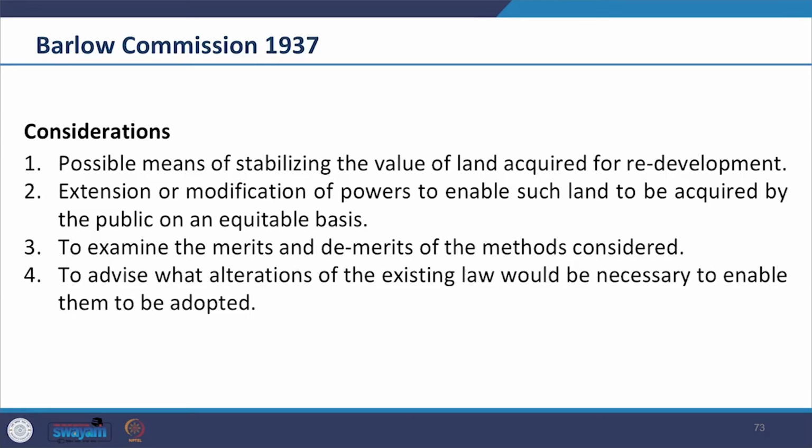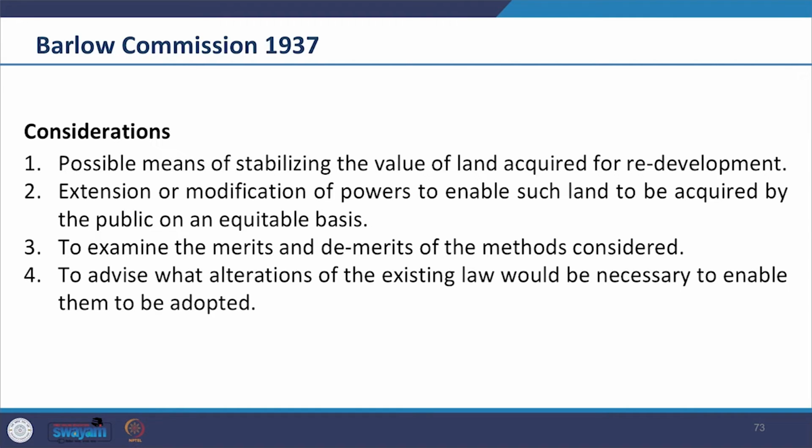In this connection, the committee was asked to consider a possible means of stabilizing the value of land acquired for redevelopment, as well as any extension or modification of powers to enable such land to be acquired by the public on an equitable basis.